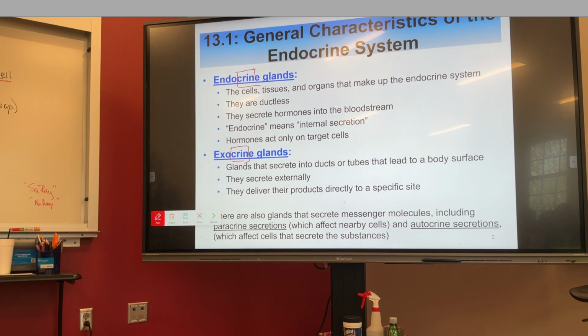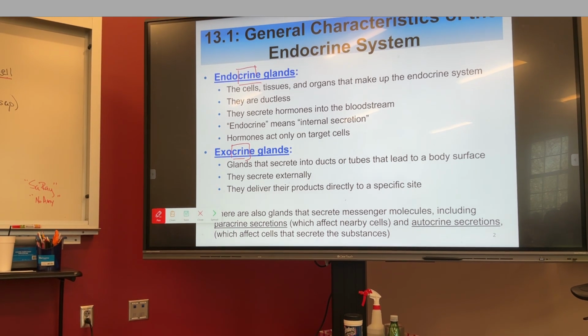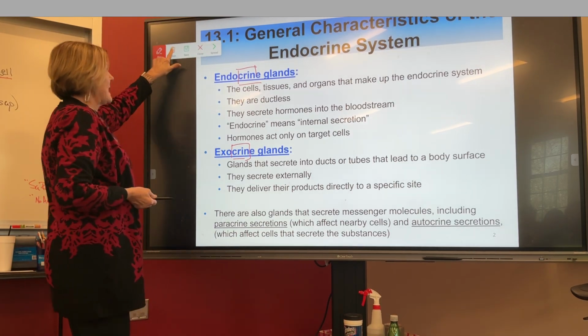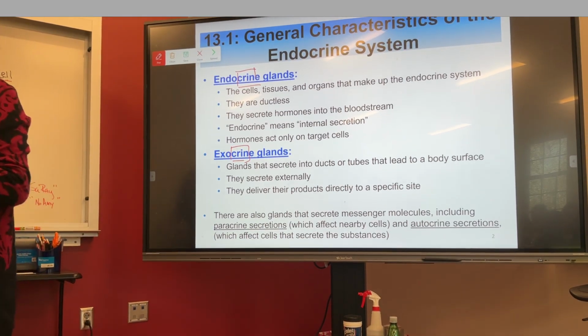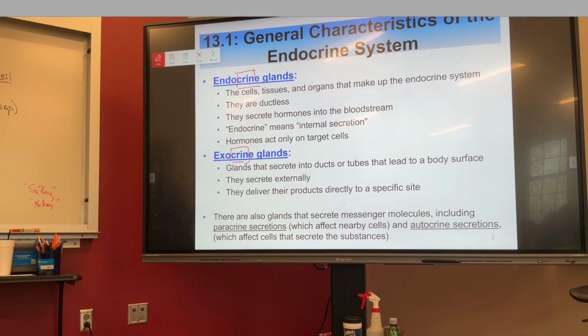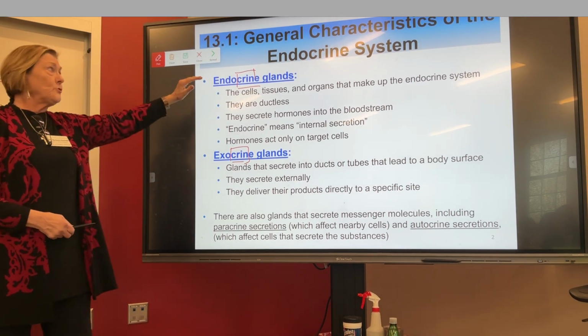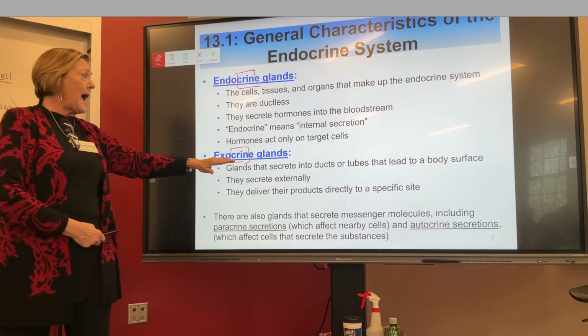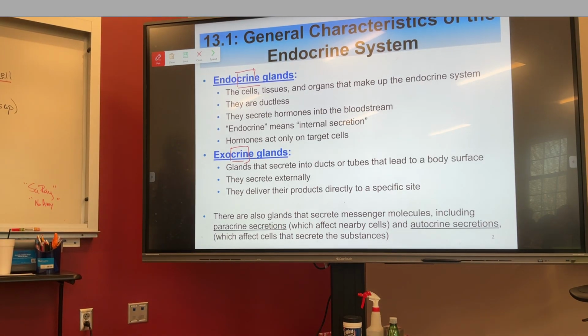The chapter that we are learning is the endocrine system, okay? And so we're actually going to be learning about endocrine glands. But sometimes a real good way to learn something is to compare it to its opposite. So that's why we're going to compare endocrine gland secretions to exocrine gland secretions, all right?